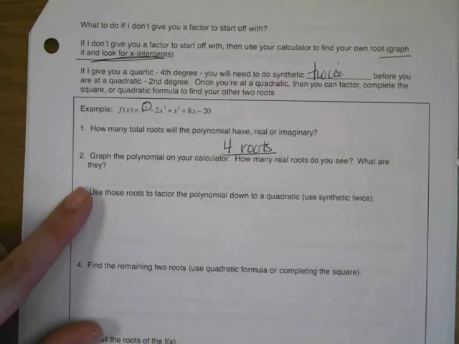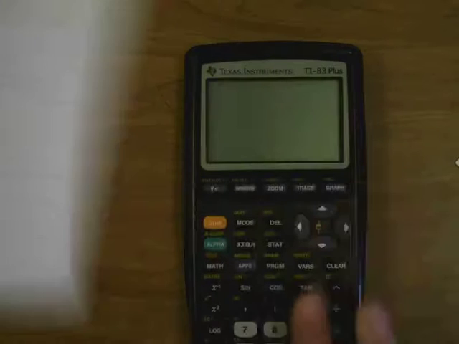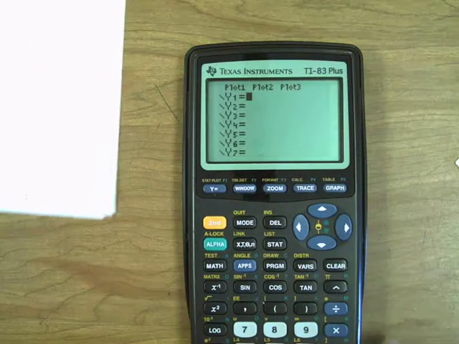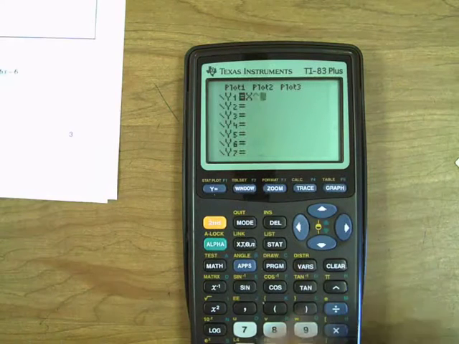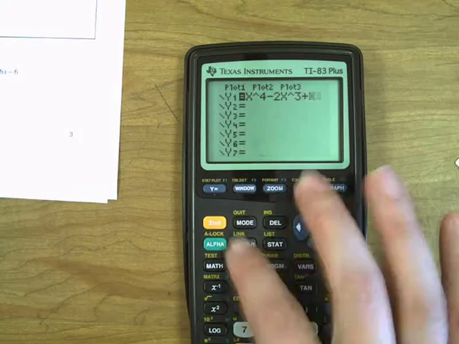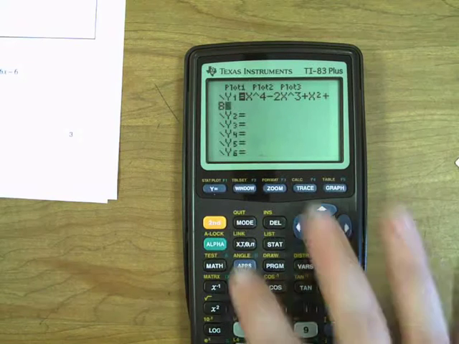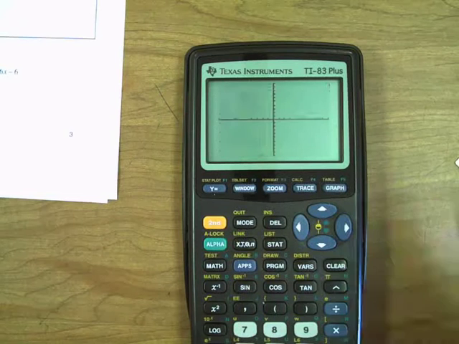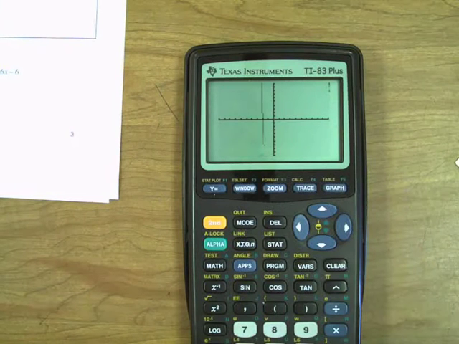All right, so our next step is we're going to graph the polynomial on a calculator, some sort of graphing device, and see how many real roots do I see, and what are they. So if I stick this in my calculator, x to the fourth minus 2x cubed plus x squared plus 8x minus 20, and hit graph.